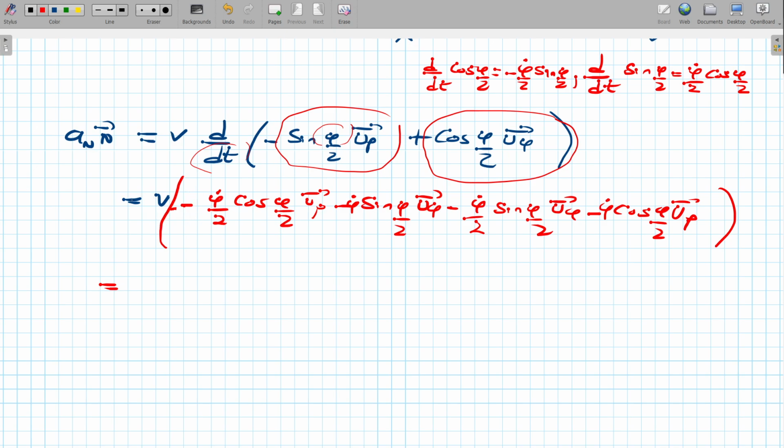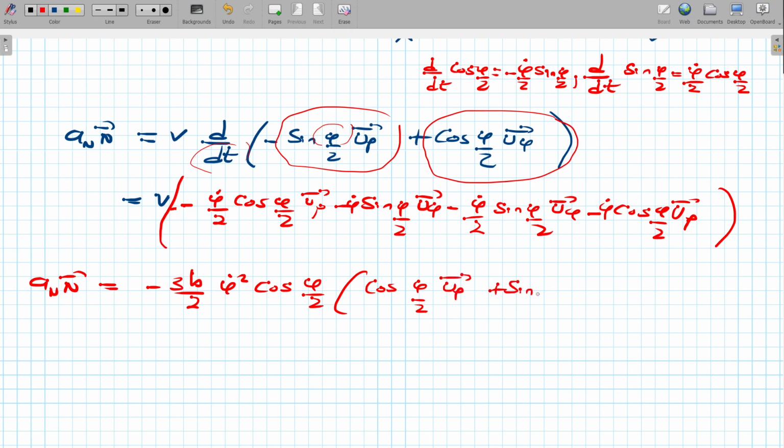If you simplify and factorize and plug in v here, the final answer for your n is going to be minus 3b divided by 2 phi point squared, cosine phi divided by 2 u rho, and then plus sine phi divided by 2 u phi, like so.